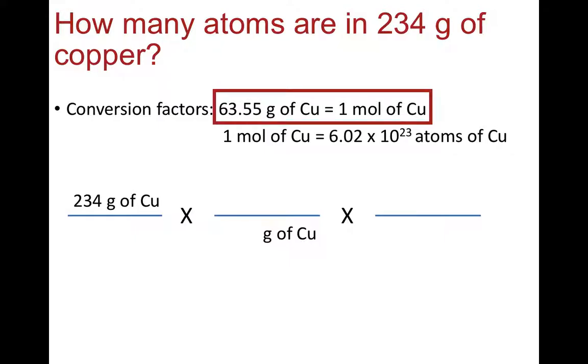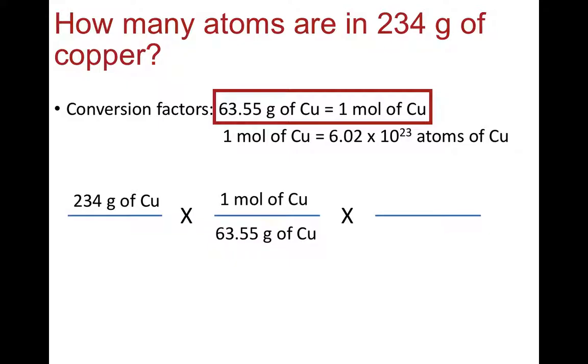And that is where this conversion factor comes into play. 63.55 grams of copper would look pretty good next to our unit, so we're going to go ahead and put 63.55 grams of copper. But we also know that 63.55 grams of copper should always be equal to 1 mole of copper, so we've got no choice but to put 1 mole of copper on the top.